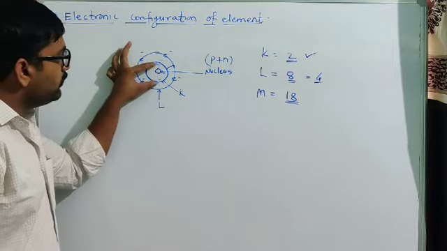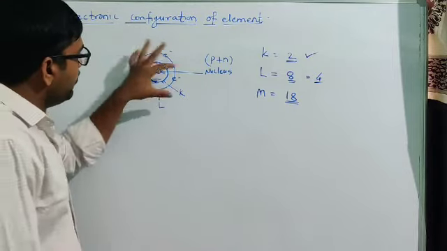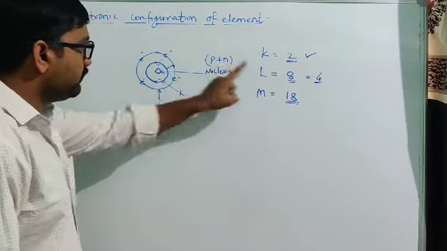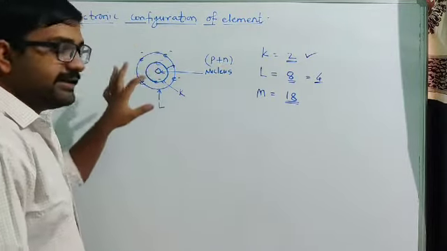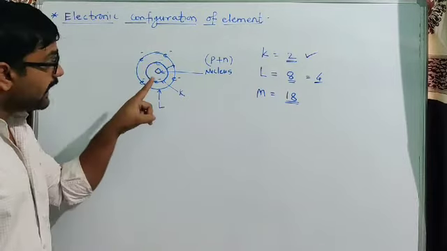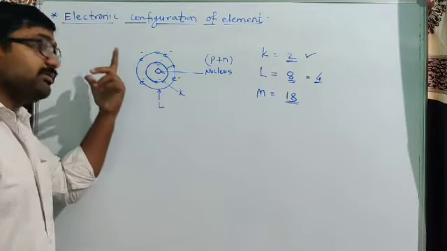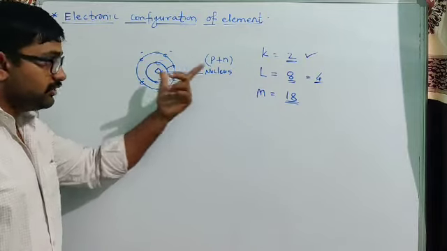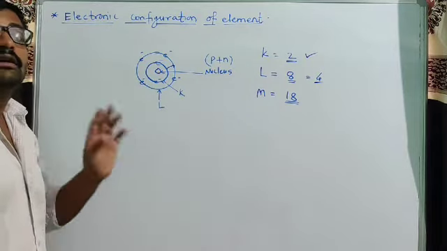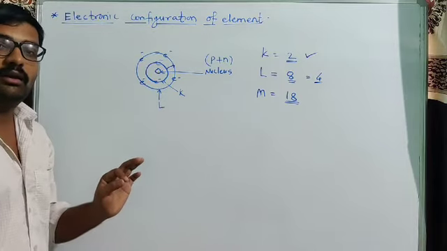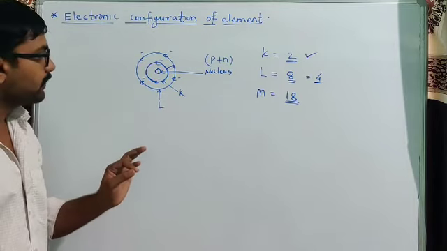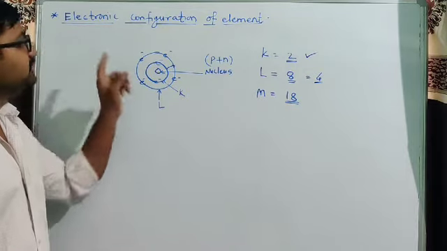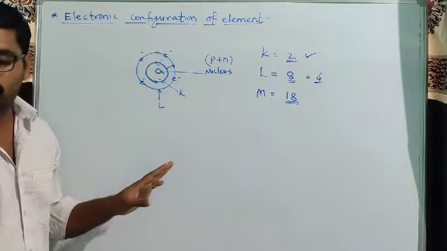There are only 2 remaining. If 8 are there, then 8 will be arranged in this, below 8. Maximum how many electrons can stay in this L shell? That is 8 electrons. The 9th electron will go into the next energy level, that is the next shell. So the distribution of electrons according to shell around the nucleus is nothing but the electronic configuration.